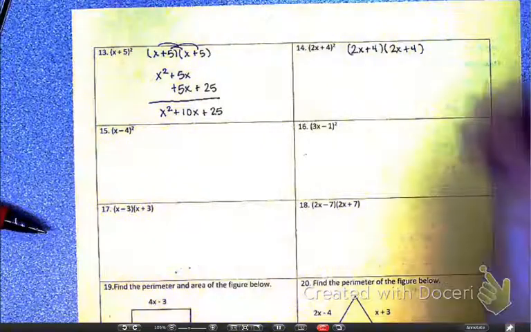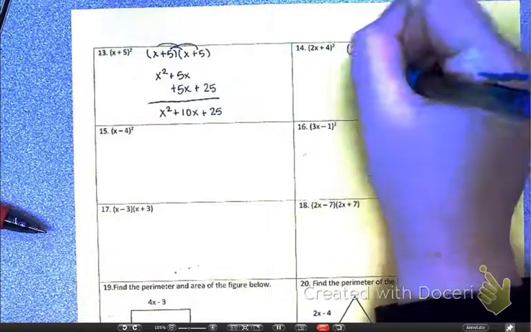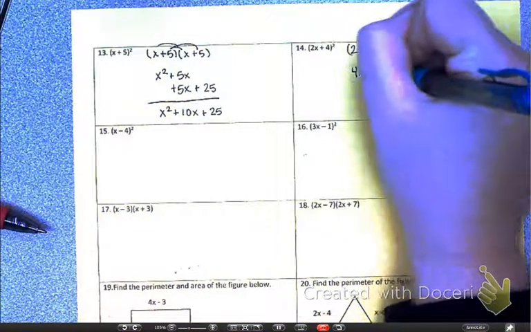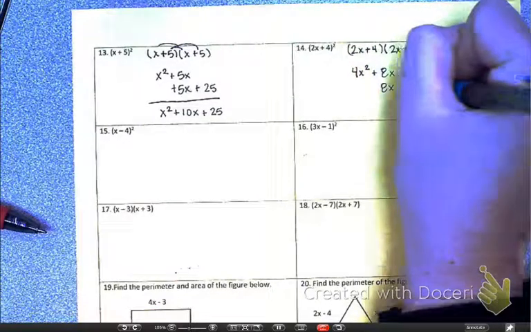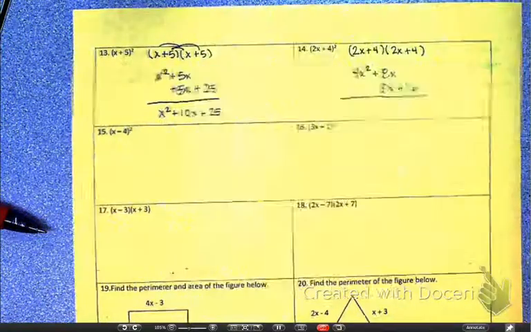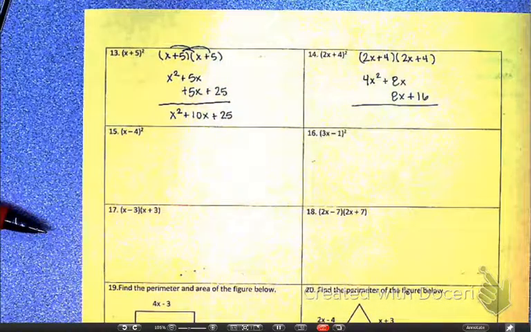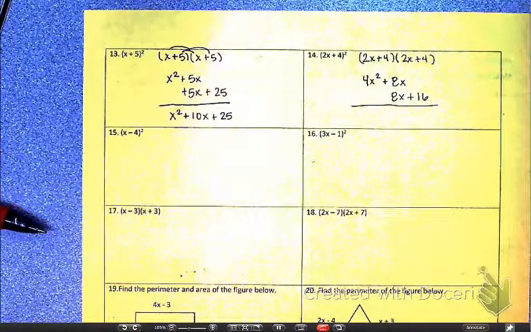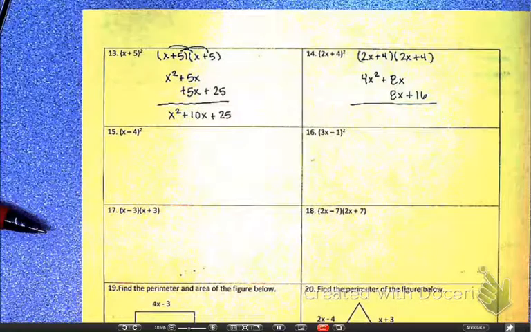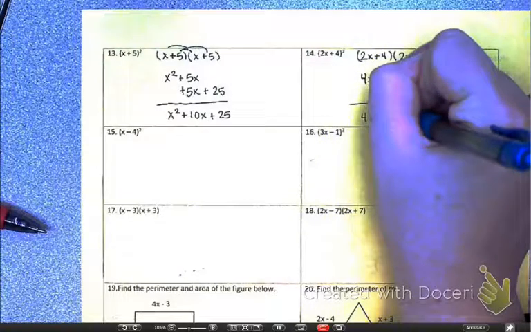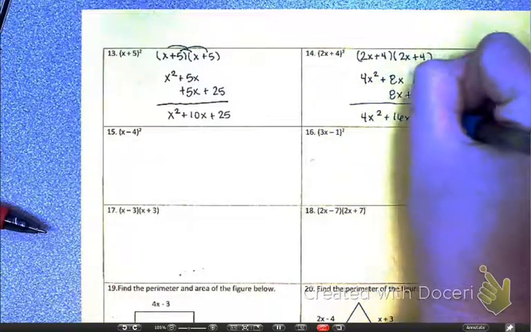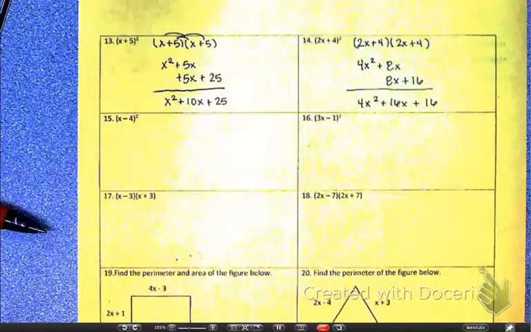So if I distribute, I get 4x squared plus 8x, and then an 8x plus 16. And some of you may have learned the trick along the way, and if you know the trick and can figure it out, by all means do so. But the nice thing is distribution or the box always works. So 4x squared plus 16x plus 16 should have been your answer for number 14.